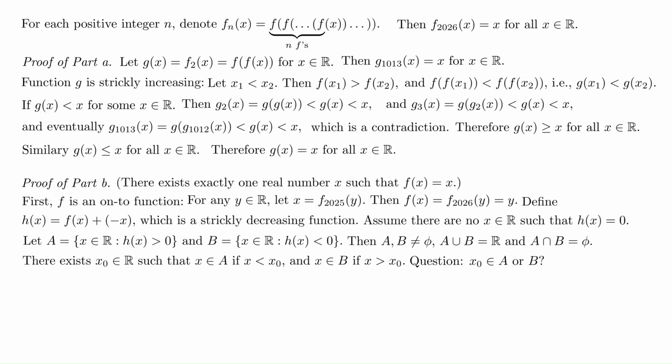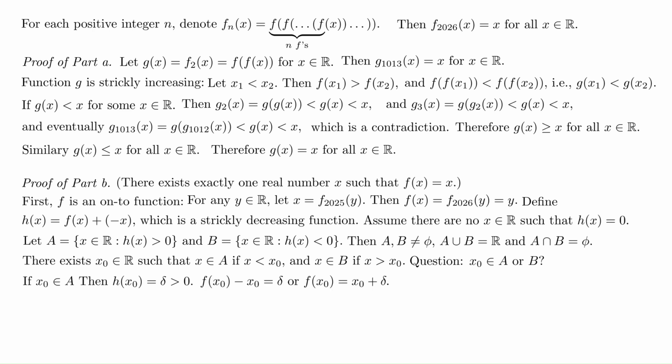Question: is x0 in A or B? In other words, is h of x0 positive or negative? Here comes the crucial part. Assume x0 is in A. Then h of x0 is a positive number denoted as delta.